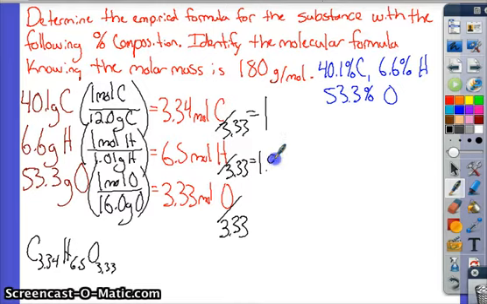Here we get 1.95. On the bottom one we get 1. 1.95 is roughly 2.